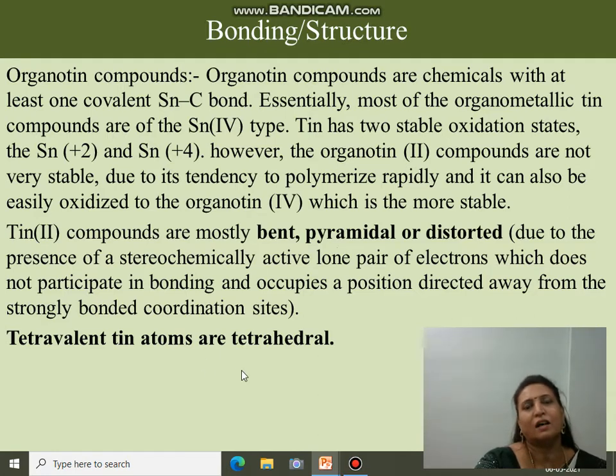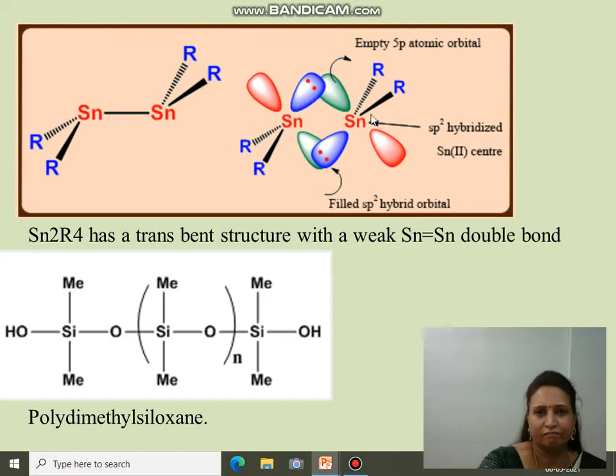Tetravalent tin atoms, that is tin which is in the +4 oxidation state, are always tetrahedral in geometry. Now these are the structures where tin is present in the form of sp3 hybridization.